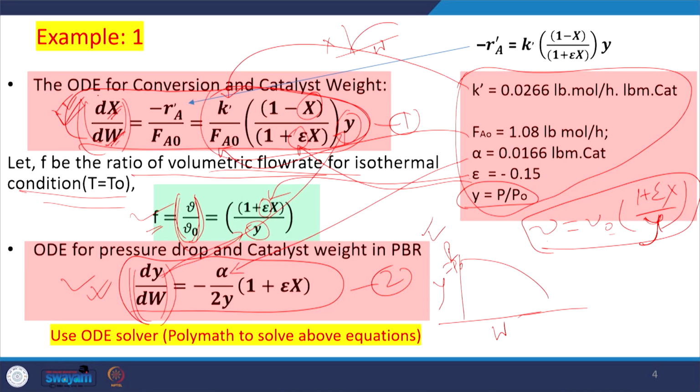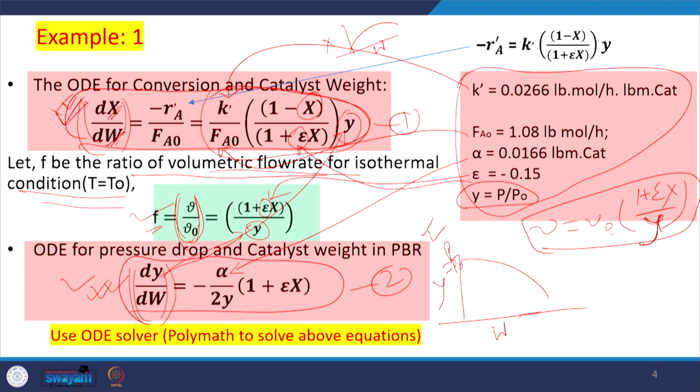Today we learned how to solve ordinary differential equations, and I am just repeating this. If we have 2 or 3 ordinary differential equations, we can use the Polymath ordinary differential equation solver, or MATLAB or any other software, to solve them.